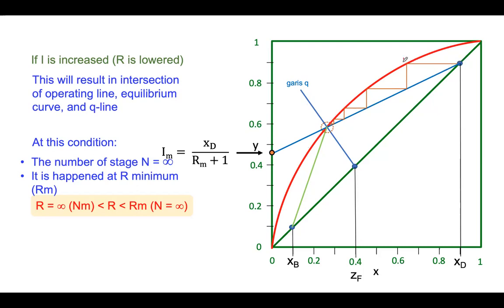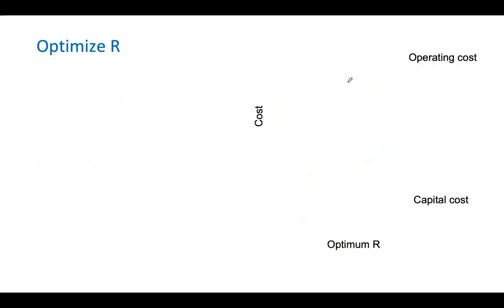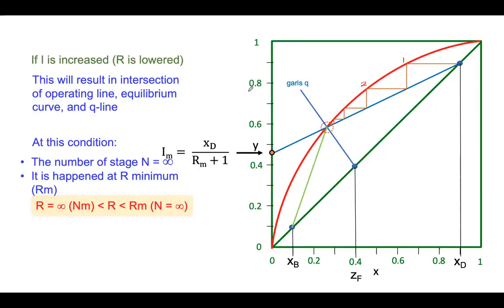So this is 1, and then 2, 3, 4, 5, 6, 8, 9, 10, 11, 12. But it can't go to that size, because between the operating line and the equilibrium line it is almost similar. So it's just going to stop here, up to infinity.